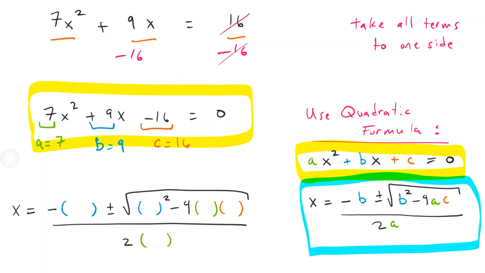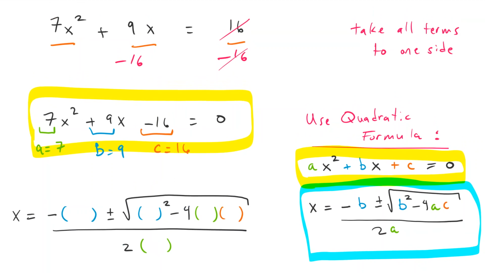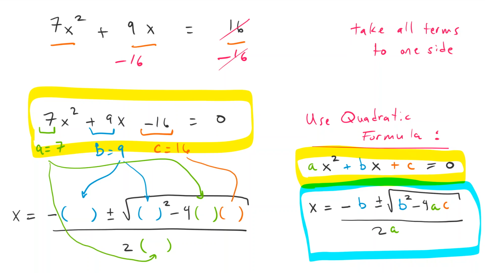So I've color-coded these spots in the quadratic formula, and we literally just plug them in. The b goes down here, the a here, and here, and the c there.